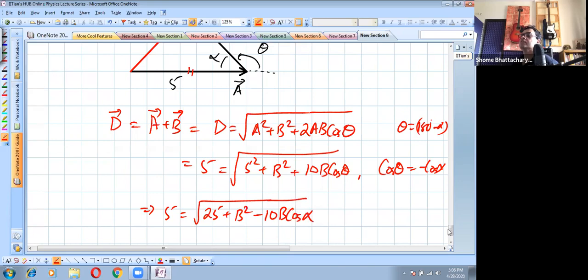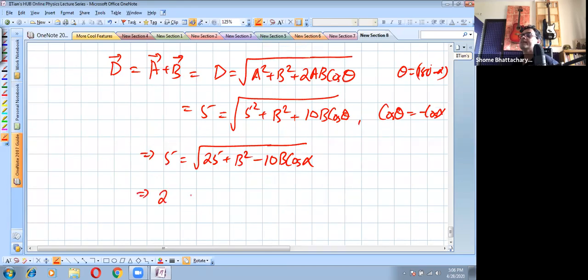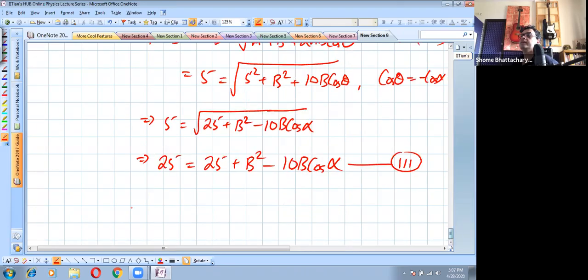Or I can square both the sides, which will be even nicer. Squaring both the sides, 25 is equal to 25 plus B square minus 10B cos alpha. Now you see this is giving me something really useful, because the 25 cancels out on both the sides, and it gives me B square minus 10B cos alpha is equal to 0, or factorize this.